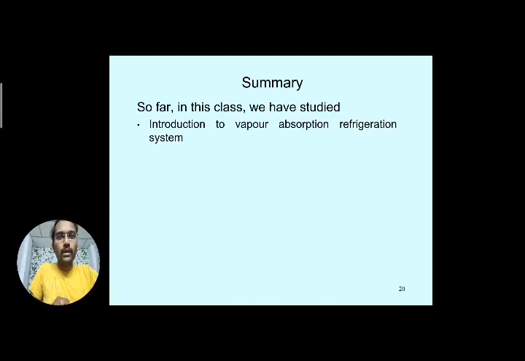I hope you understood the introduction to the VAR system and the line diagram. Please try to practice that. It is very important and very useful. If you know the line diagram, if you draw it and plot all the components perfectly, you can explain them very easily.